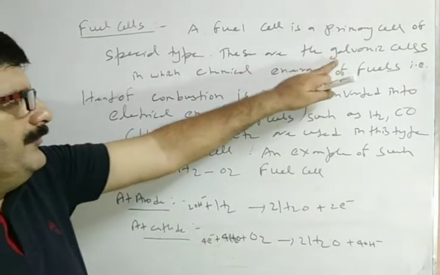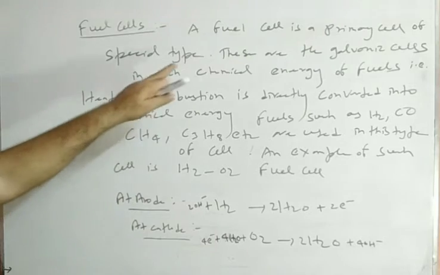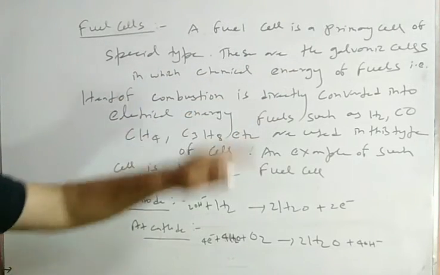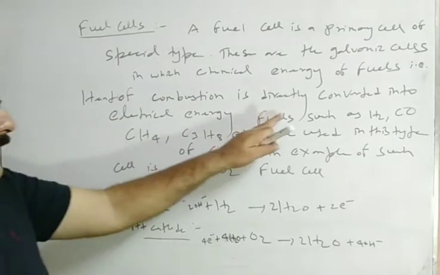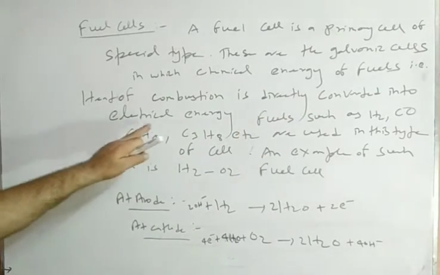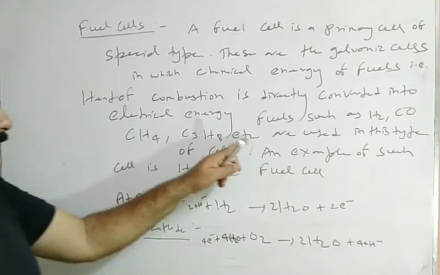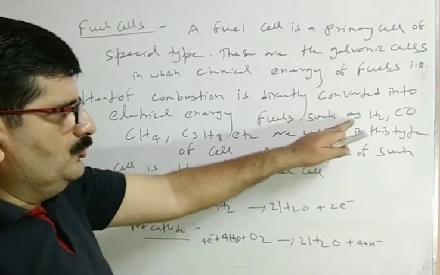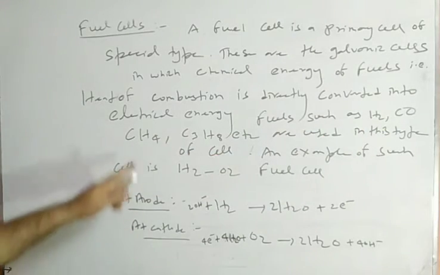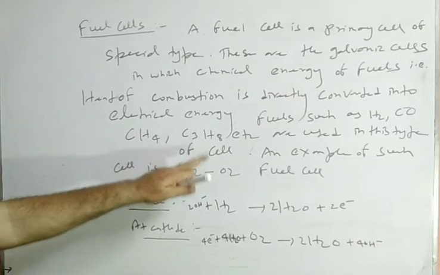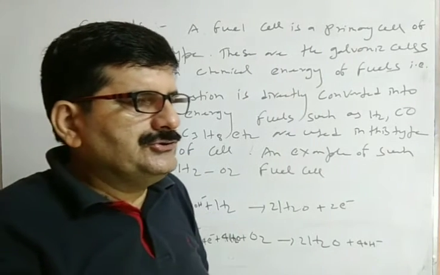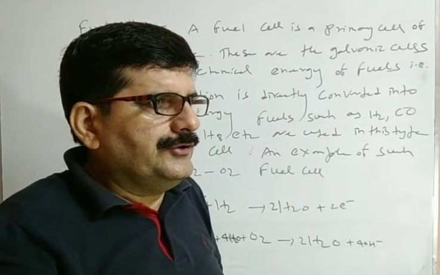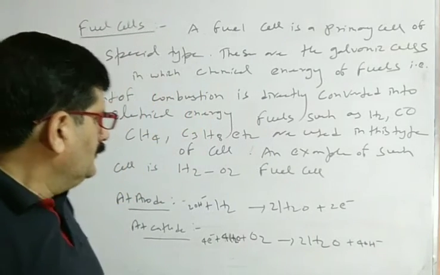These are galvanic cells in which the chemical energy of fuels, that is the heat of combustion, is directly converted into electrical energy. Fuels such as H2, carbon monoxide, CH4, C3H8, etc. are used.